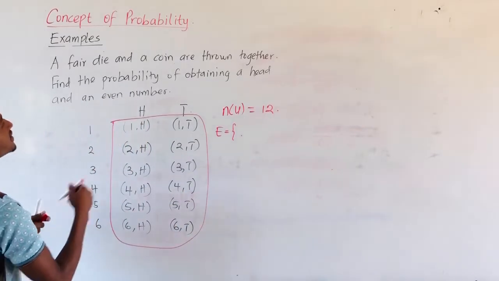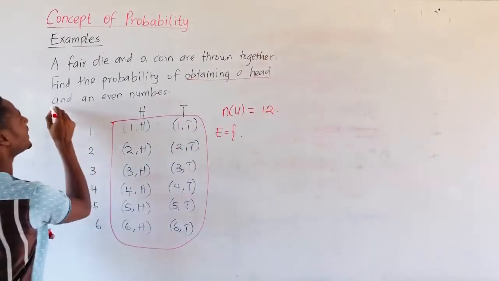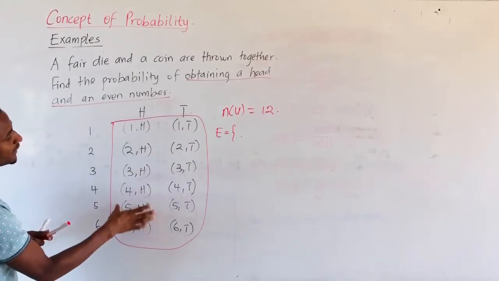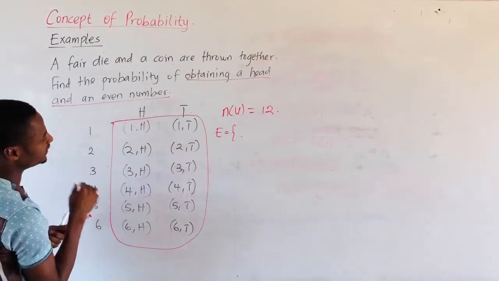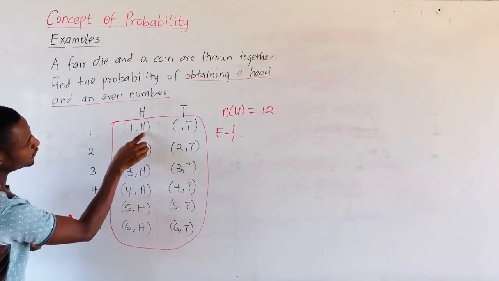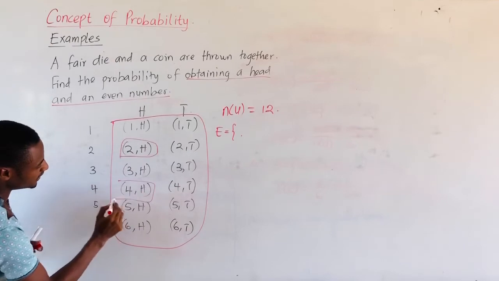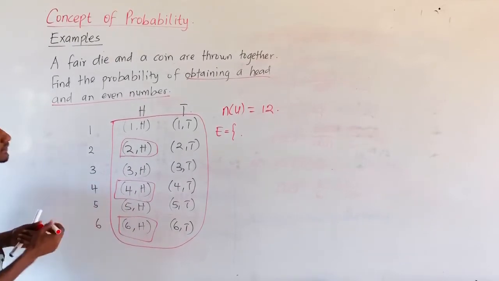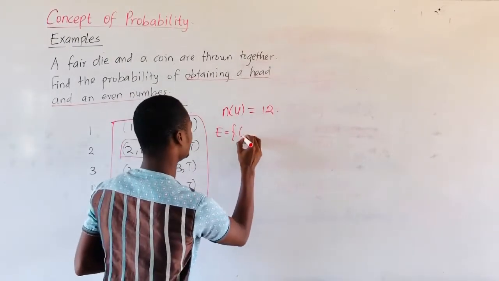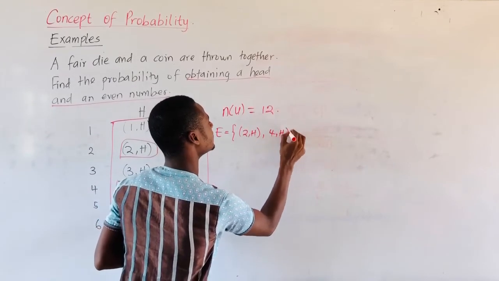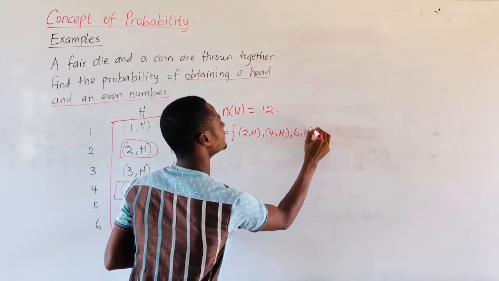The event is obtaining a head and an even number. So let's go through the heads. Which ones are having an even number attached? This is odd number and head. This is even number and head, even number and head, even number and head. So our event will be, we have 2 head, 4 head, 6 heads.